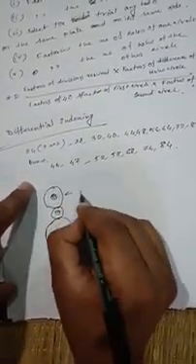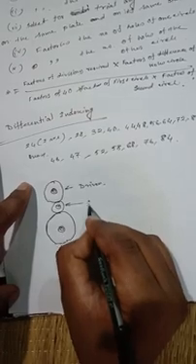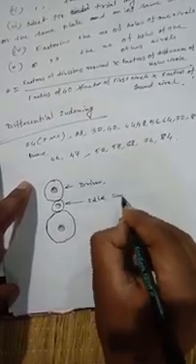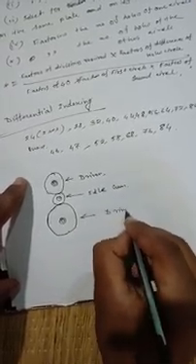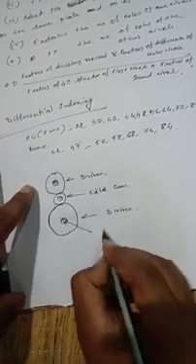This is called driven. This is called idle gear. This is also driven. This is connected with the worm shaft.